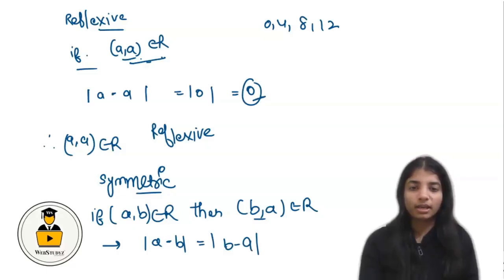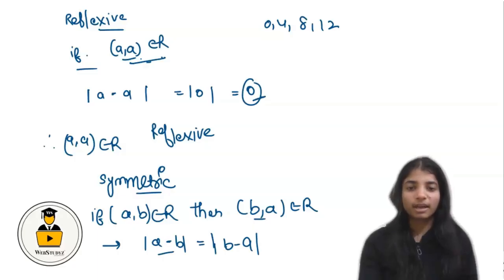If we subtract a from b, let's say we get a positive value, and if we subtract b from a, we get the same numerical value but in negative. But the relation here is modulus, and we know that the negative sign is not significant in the modulus relation.